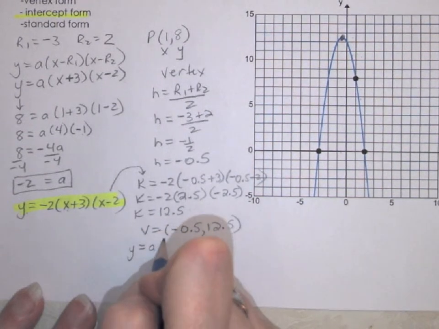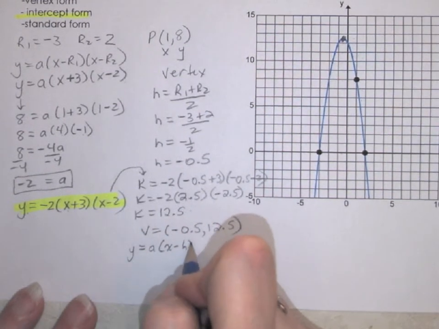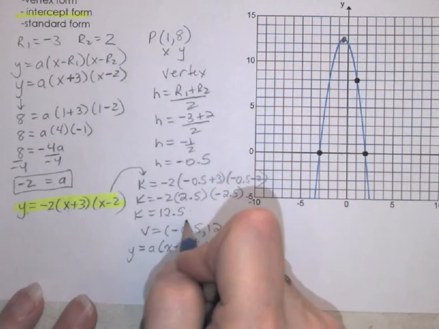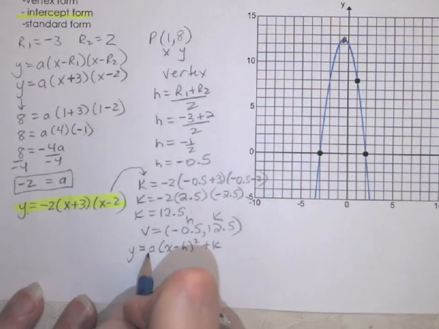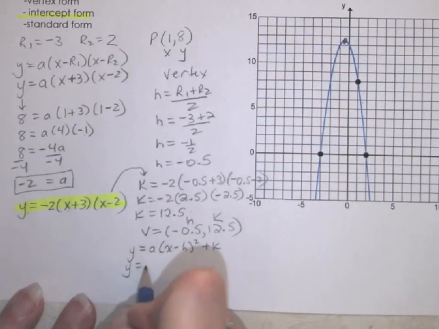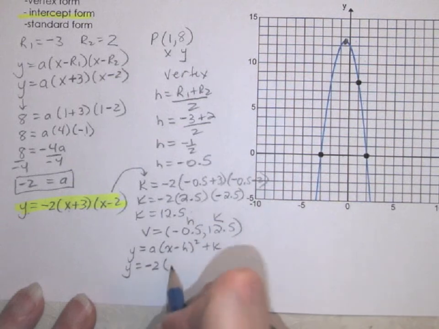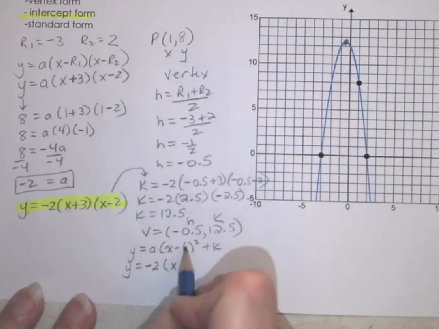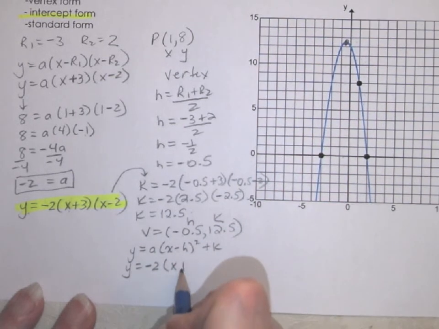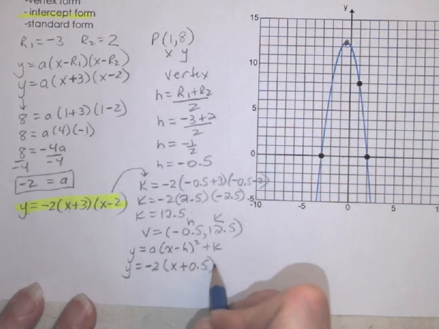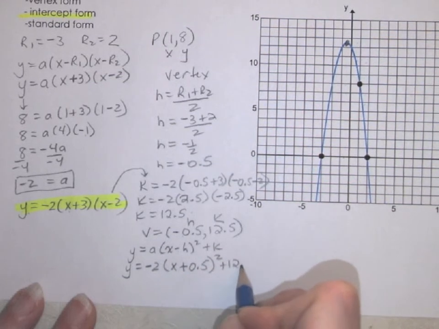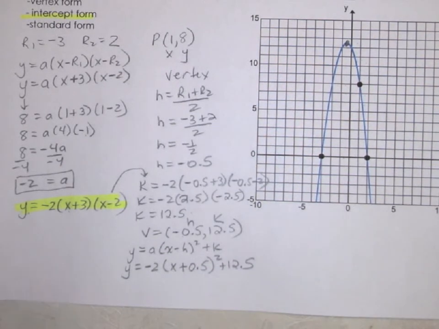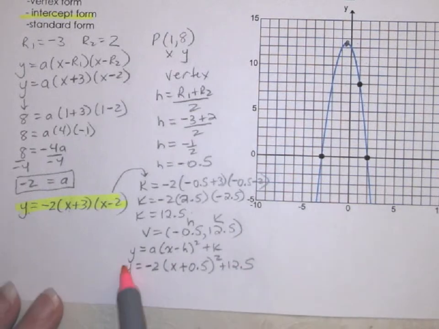We know our general equation for vertex form, we know this is h and k, and we know a is negative 2. So that would be y equals negative 2 times (x minus negative 0.5), so (x plus 0.5) squared, plus 12.5. So that's our vertex form.